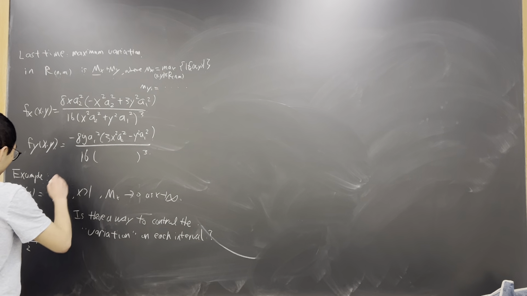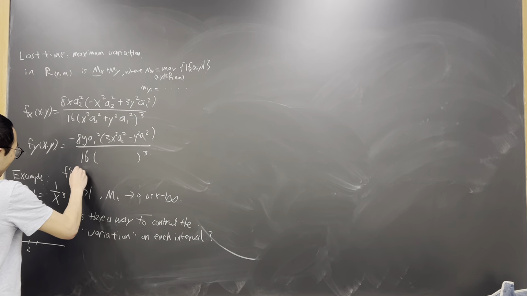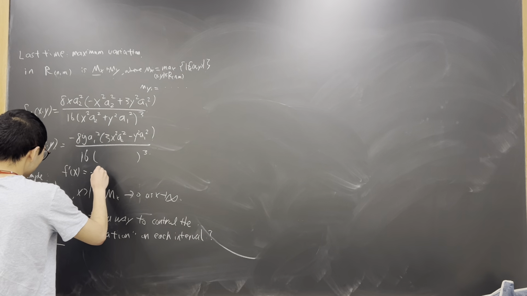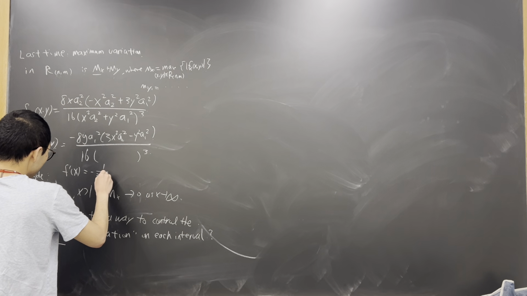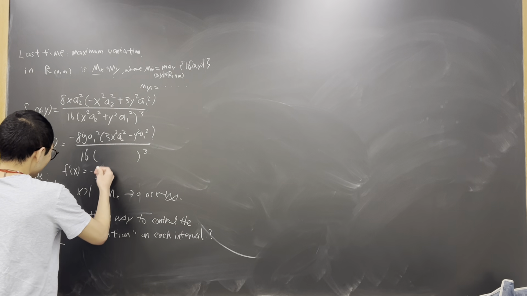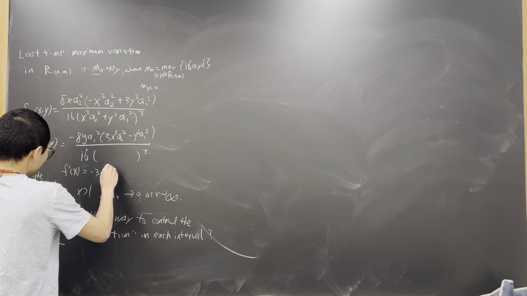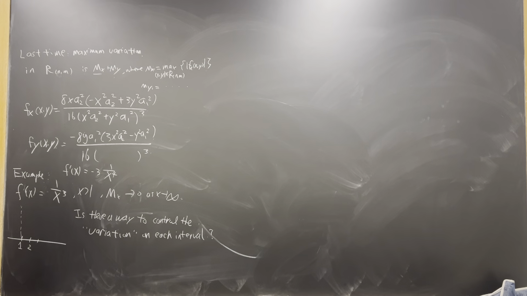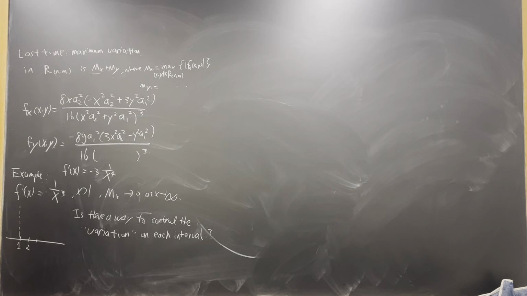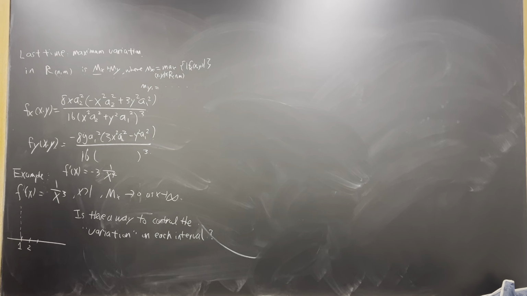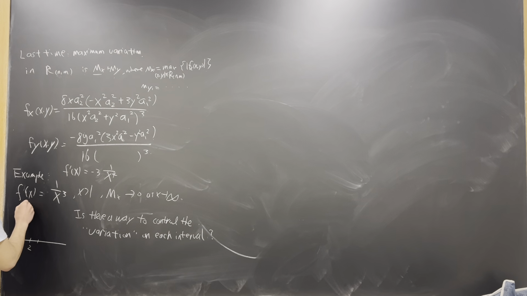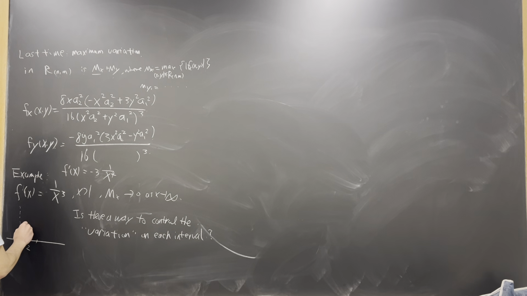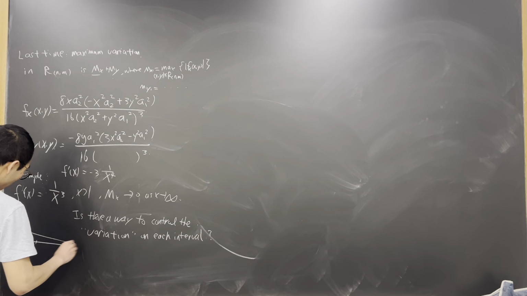And then this f prime x is equal to negative 3 over x to the 4th power, right? So I know it looks like that.